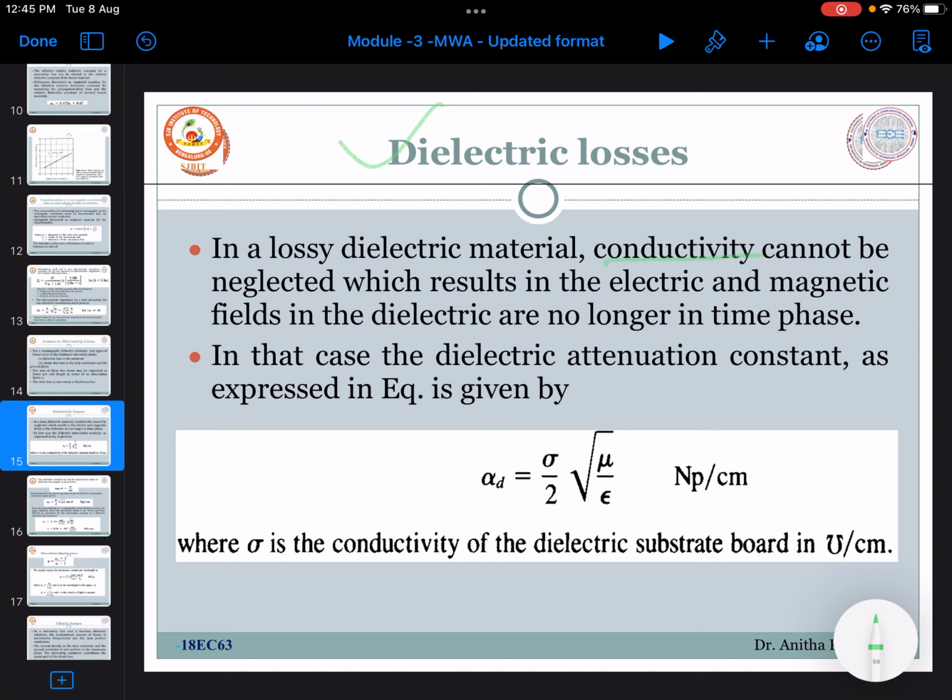This results in electric and magnetic fields in the dielectric that are no longer in time phase. So the dielectric attenuation constant, alpha d, can be expressed as sigma by 2 into square root of mu by epsilon, sigma indicating the conductivity of the dielectric substrate. The attenuation units are nepers per meter or centimeter.